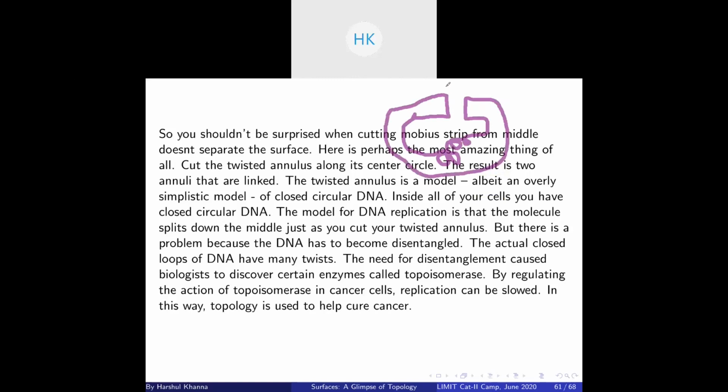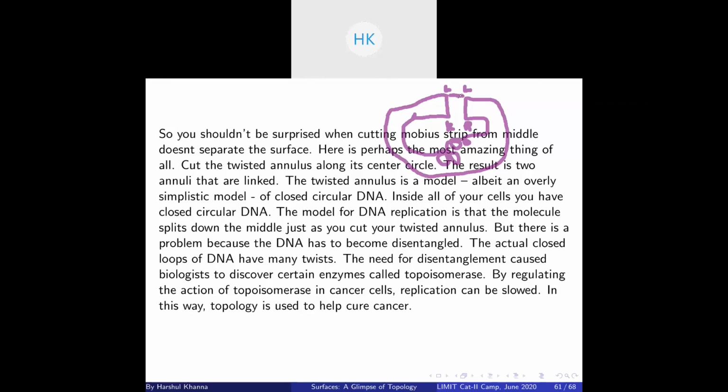Let's say I have this left boundary and this right boundary, and again this left boundary and its right boundary. In an annulus, where you don't give it a twist and you just attach it, left maps to left and right maps to right. So when you cut along its middle, you will separate the surface.